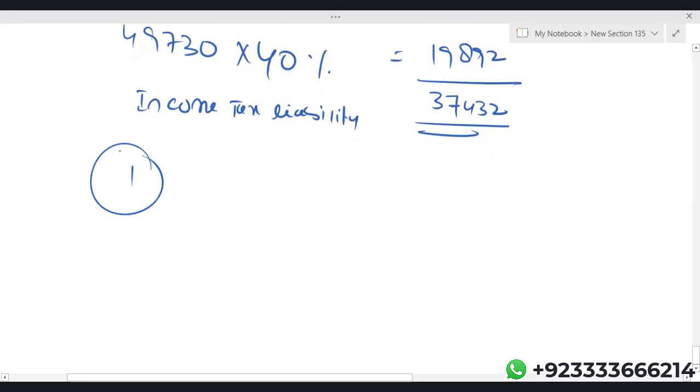Number one, we are going to discuss the topic of pension, in which we'll be discussing the pension allowance, each and everything. Second, we will be discussing exempt incomes relating to the saving income.